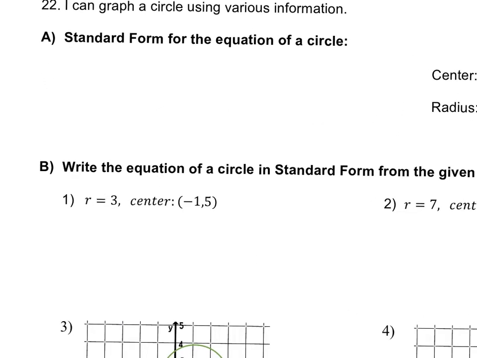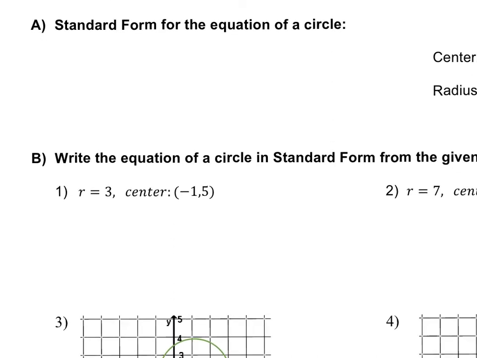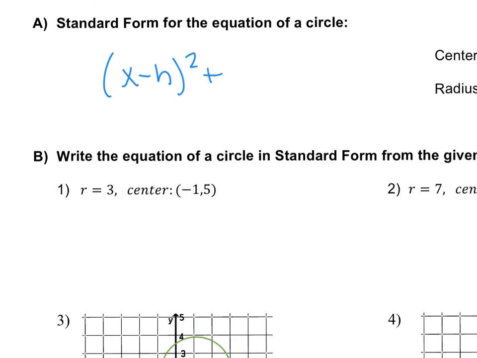So the standard form for a circle is parenthesis x minus h squared plus parenthesis y minus k squared equals r squared.